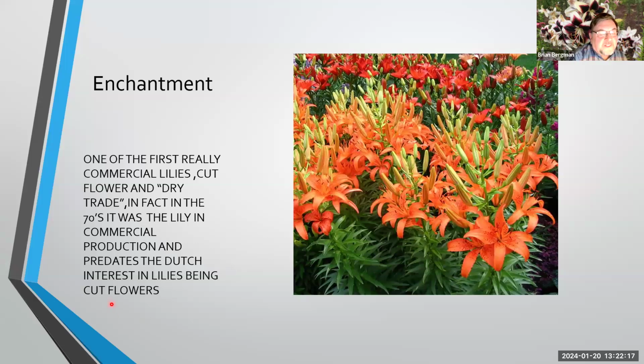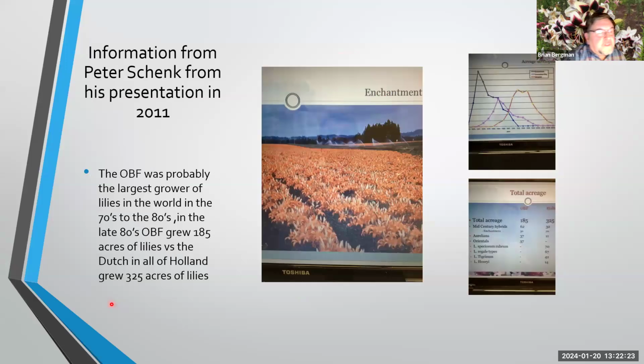That's the beginning of commercial lily production: Enchantment. Next slide. And this is information from Peter Schenk in his presentation in Ontario in 2001. There's a field at Oregon Bulb Farms, a field of Enchantment. It just goes on forever and ever.